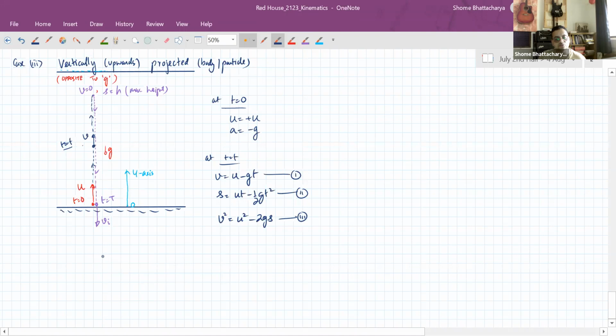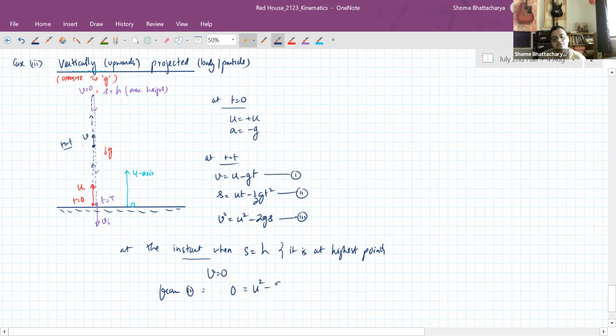So at the instant when s is equal to h, that is, at the highest point, momentarily its velocity is 0. So from equation 3, we can see that 0 is equal to u square minus 2gh.